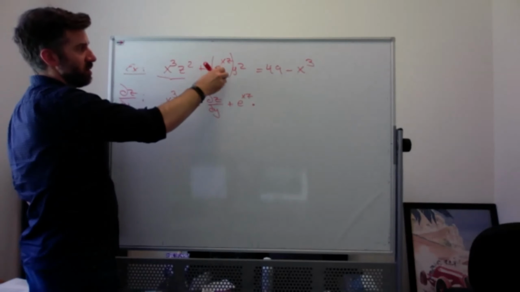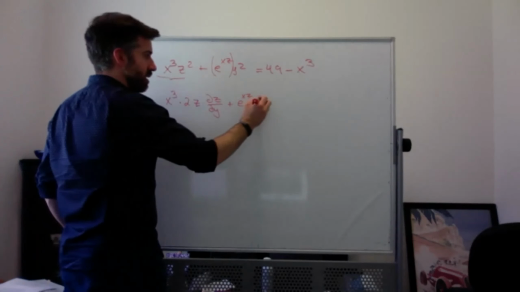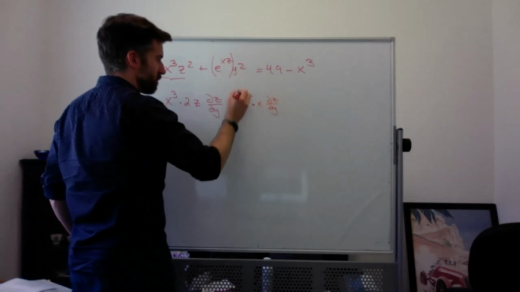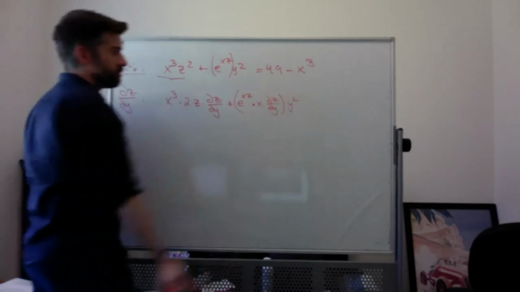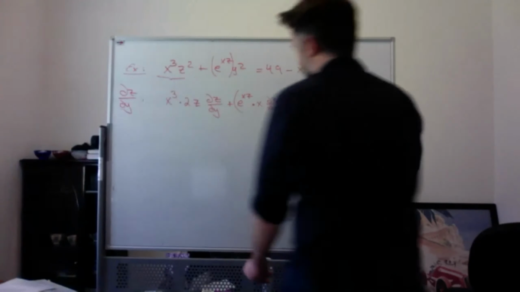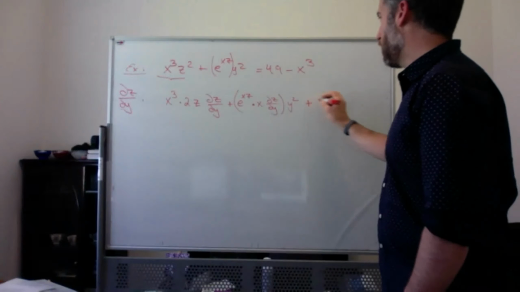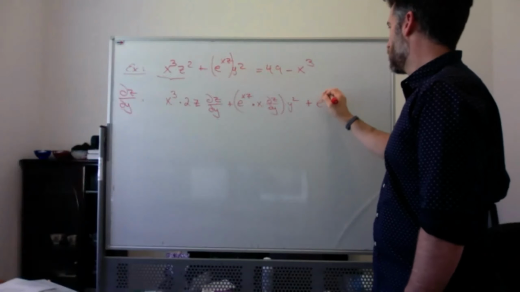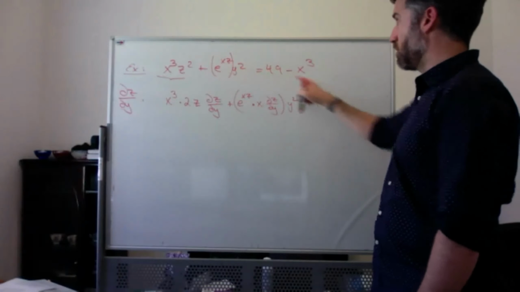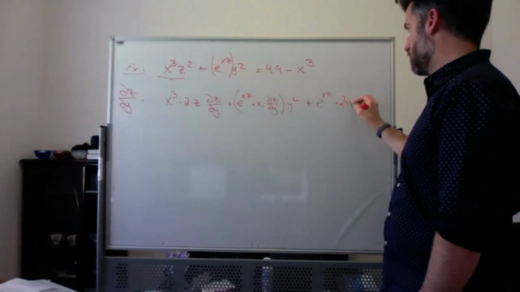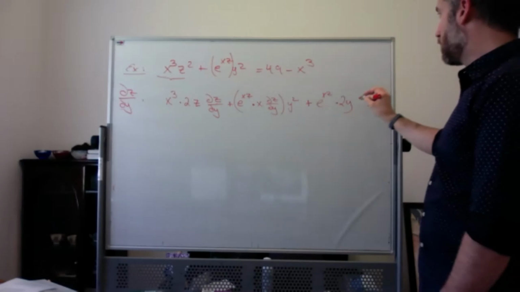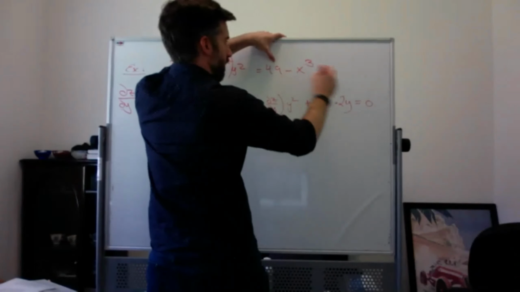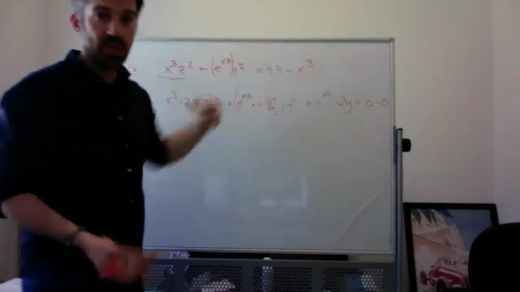Again, x is a constant, so that's x times del z del y, times y squared. This might actually work out not too terribly. Plus, now I'm going to leave this alone and multiply by the derivative of y squared, which is 2y. Equal to, the derivative of 49 is 0, and the derivative of x cubed is 0 with respect to y.